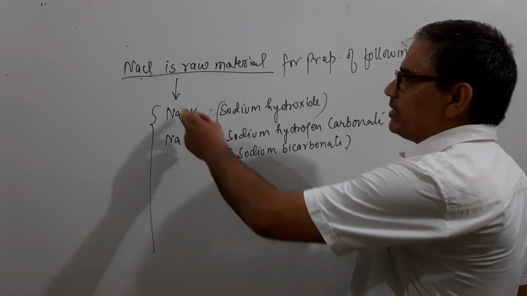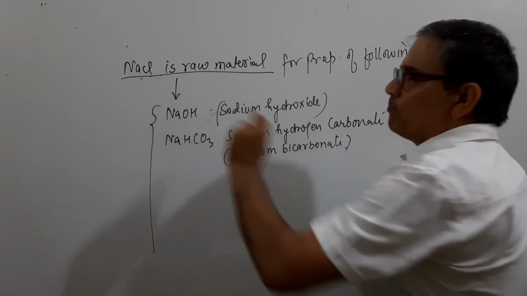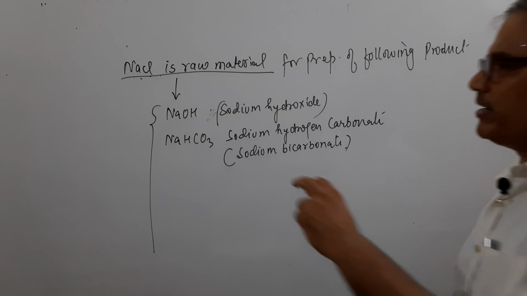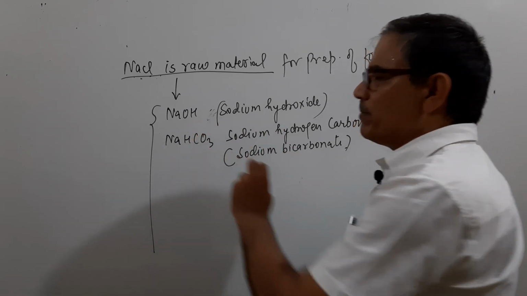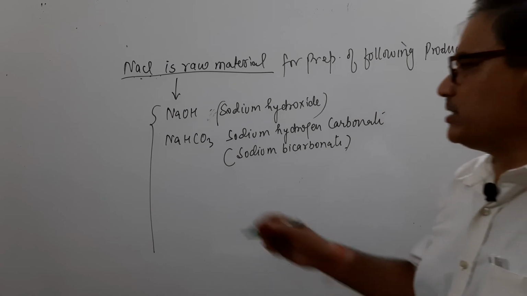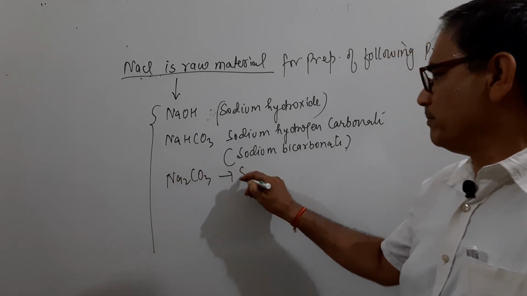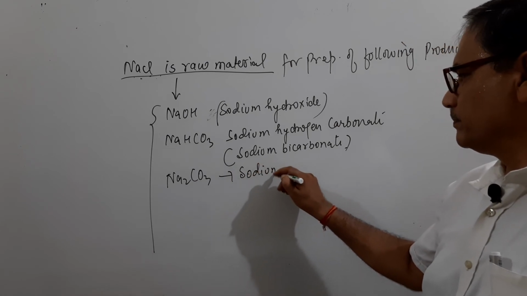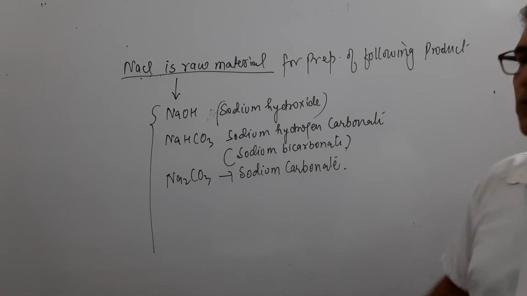We can prepare NaOH from NaCl. Sodium hydrogen carbonate we can make from NaCl. NaCl is the raw material for sodium hydroxide, NaCl is the raw material for sodium hydrogen carbonate, and NaCl is raw material for Na2CO3, sodium carbonate.